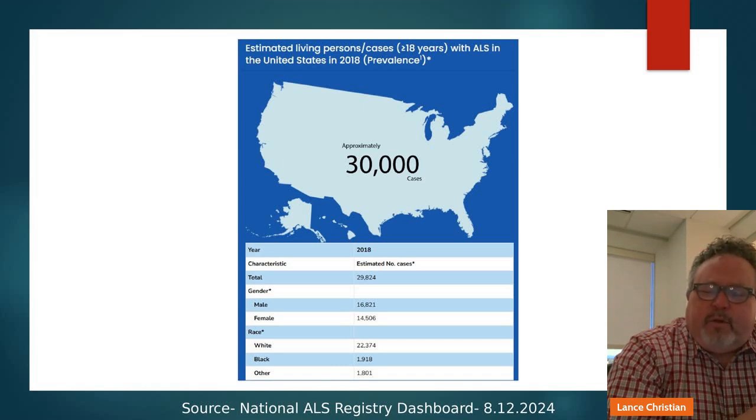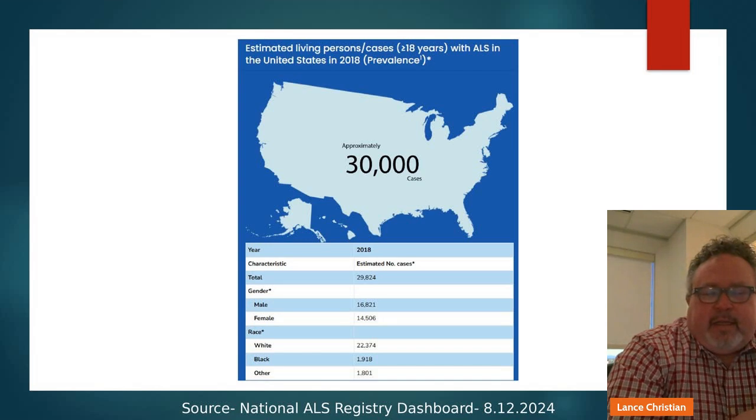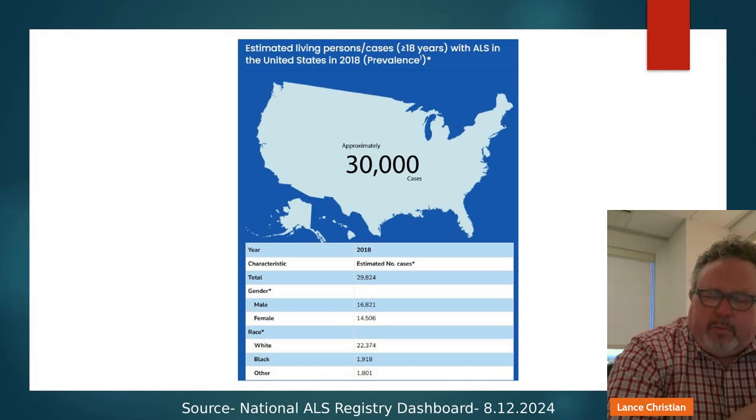One of the unique things that they identified, which is something to study further, is that the states in more northerly latitudes had higher prevalence rates than the states with more southerly latitudes. So that's a new area of finding for understanding who gets ALS.